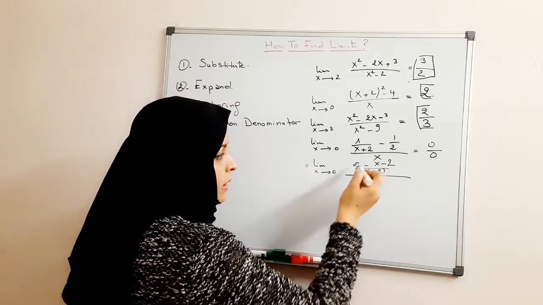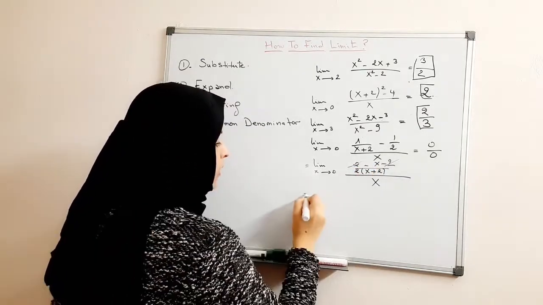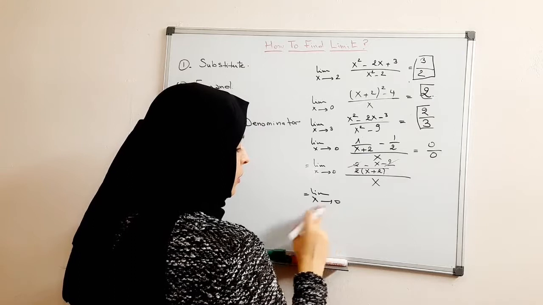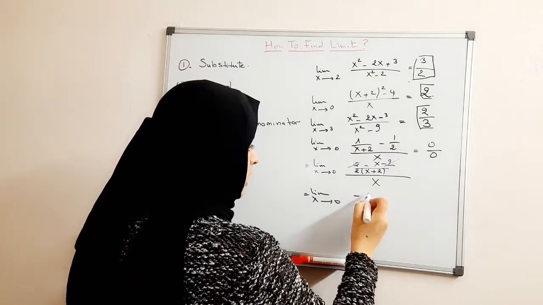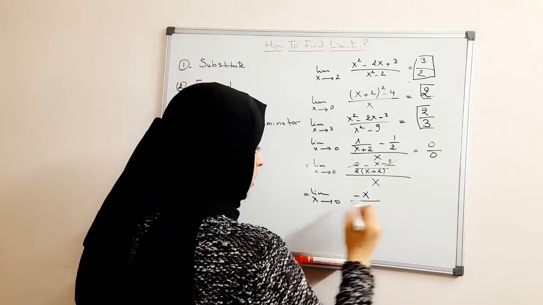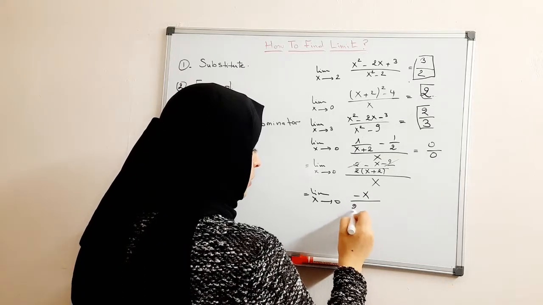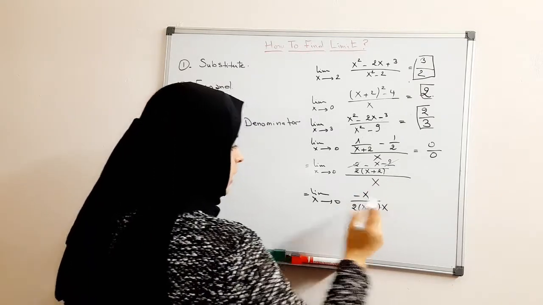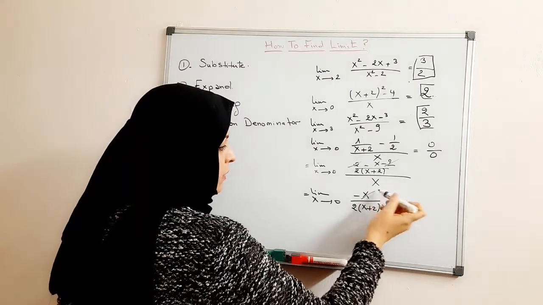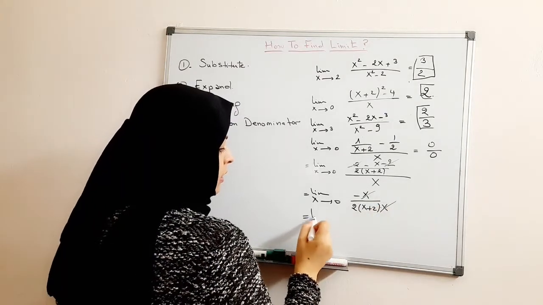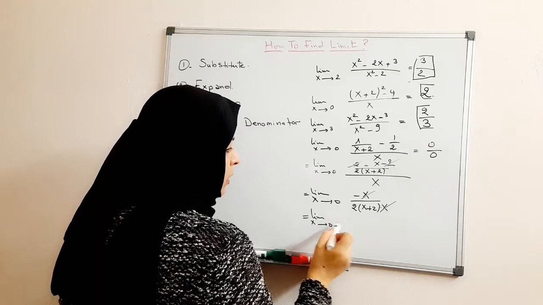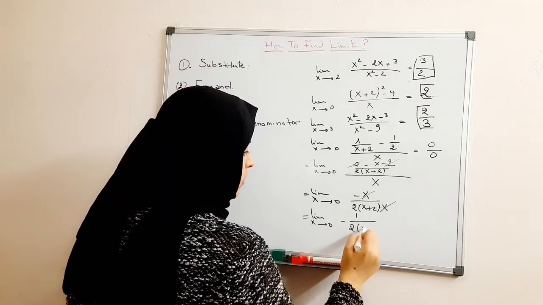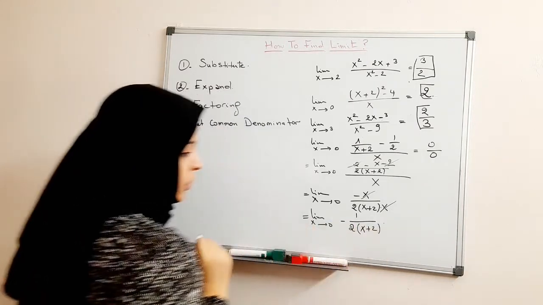Over x. 2 minus 2 is equal to the limit when x approaches 0 of minus x over 2 multiplied by x plus 2 multiplied by x. So we will simplify by x, the limit when x tends to 0 of minus 1 over 2 multiplied by x plus 2.